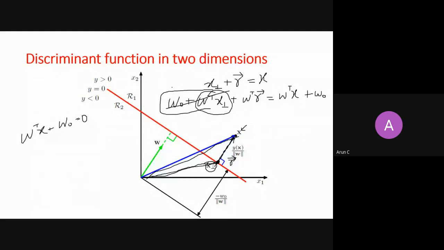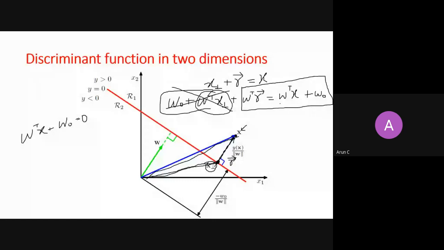So this term will go away and you will be left with this equation now, right? If it is a unit vector, that's fine. If it is not a unit vector, you just normalize it, right?